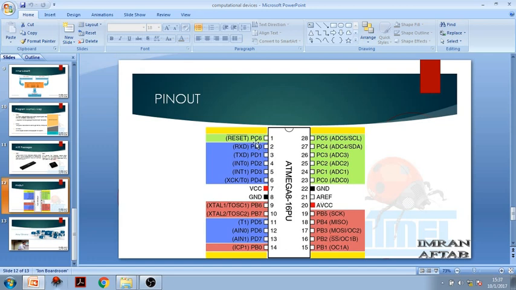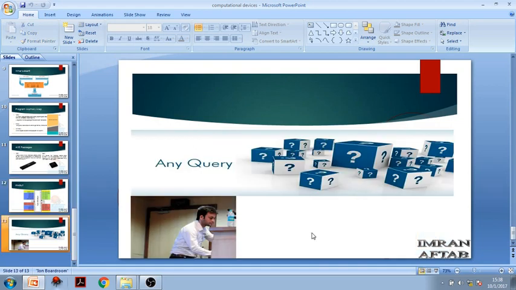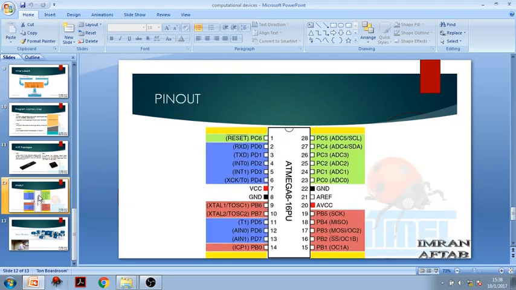Here these are the names of the pins, like PD0, PD1. We have a total of 23 pins. These pins are divided into three parts, and these are known as ports. It starts from port B. This pink color denotes the port B block.